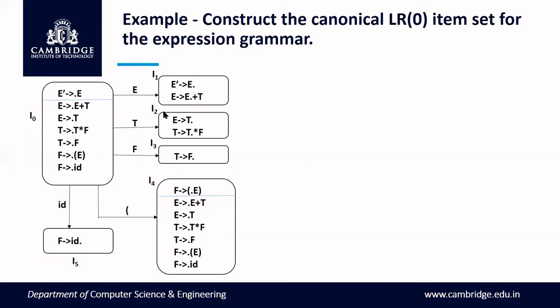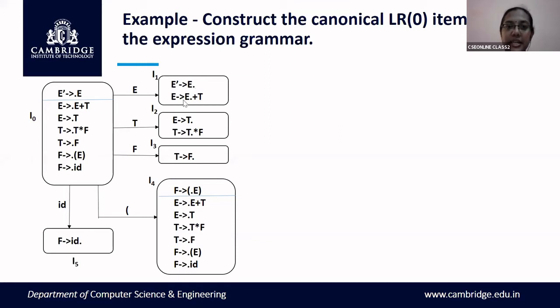This is the first transition from I0 to all the different states, I1 to I5. Now moving from I1, I2, I3, I4 and I5 further, where you have to consider all the item sets where dot is not present on the rightmost side. If you take I1, you have two productions here. E dash derives E dot. Leave out the first production rule because dot is already present on the rightmost side of the RHS of the production rule.